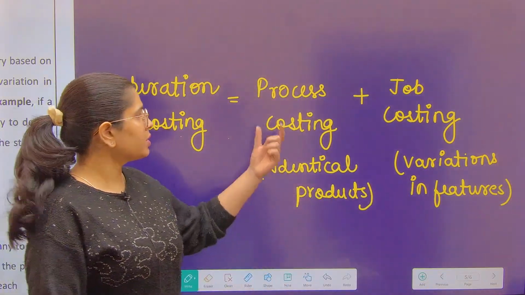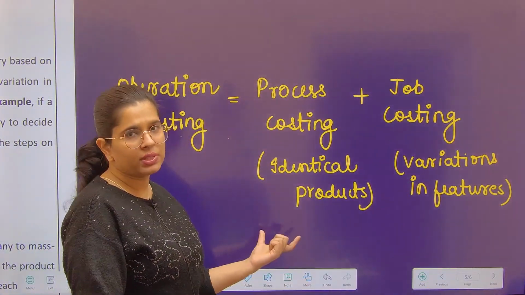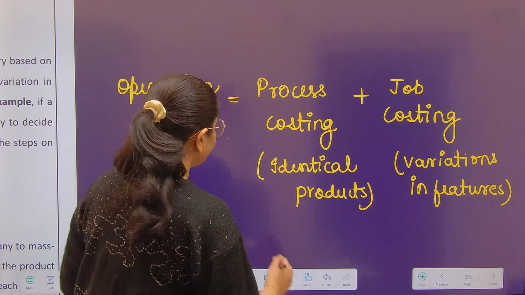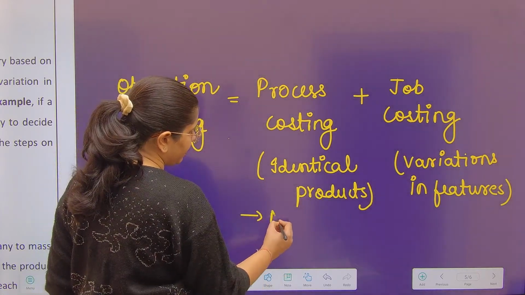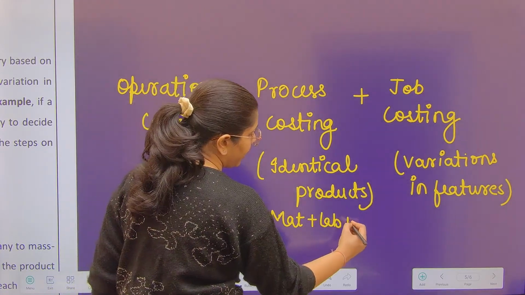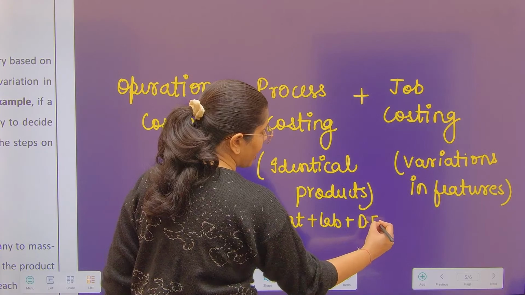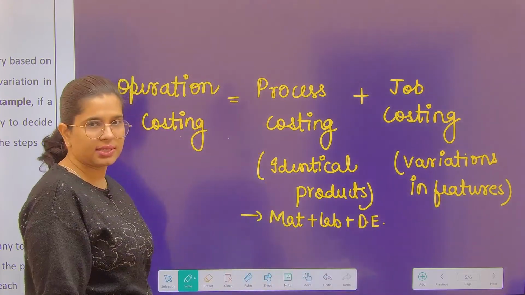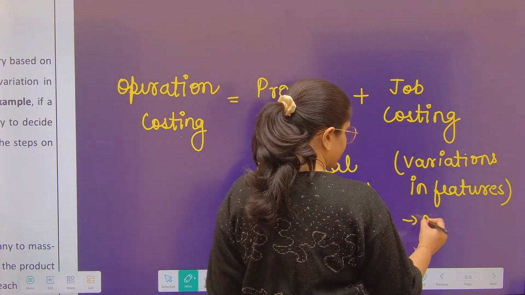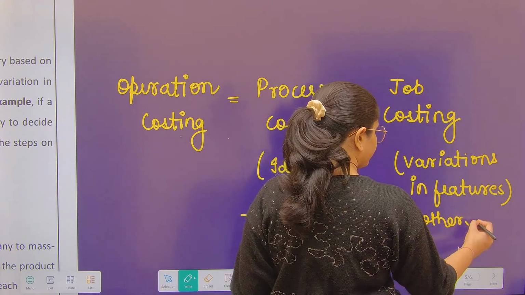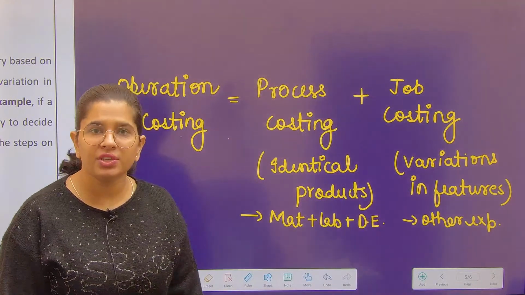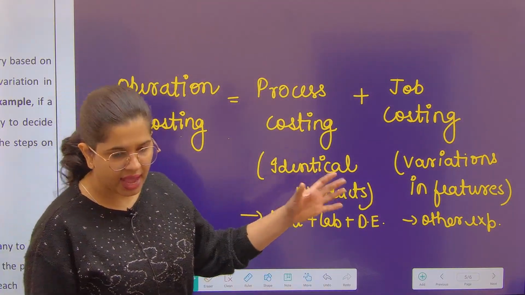Getting my point? So in process costing, all the products are similar. So obviously we are going to take the technique of process costing. That is, I am going to find out what is the material plus labor plus direct expenses which I have incurred in the process. But after that as well, I must have incurred other expenses which are specifically related to the features or the additions that I have added on.